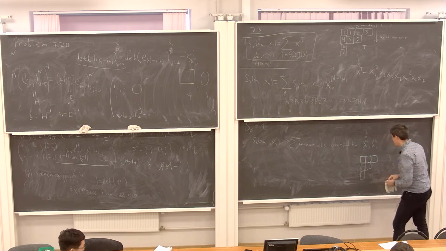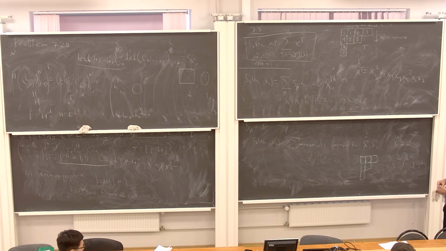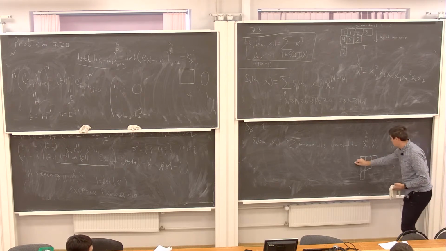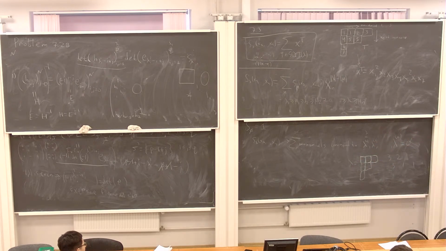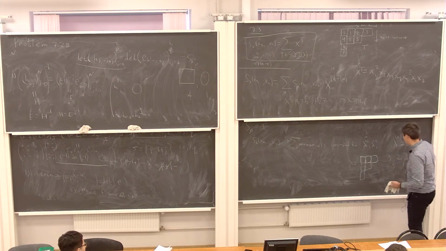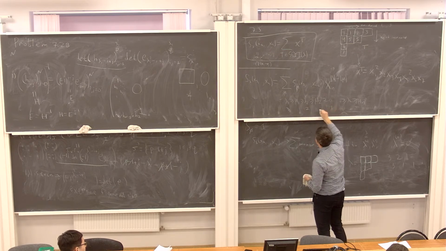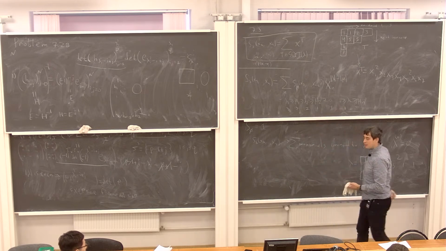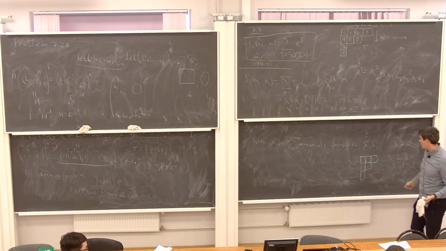And then what do you want to do? Our lambda is 3, 2, 1. You have some sub-diagram 3, 1, 1, right? And you want to put the number n here, 3.